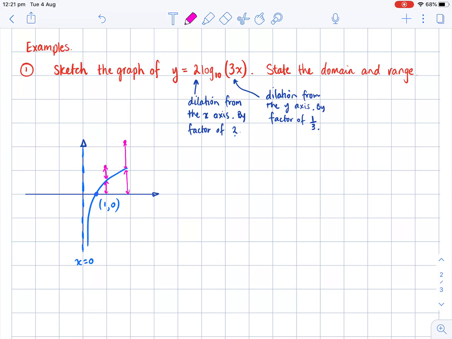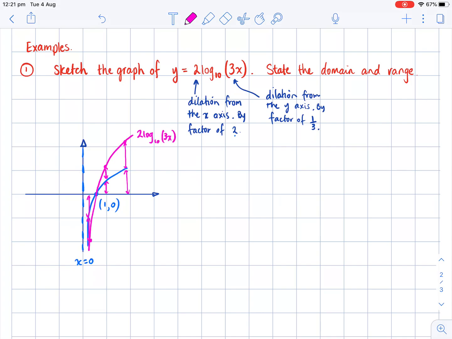The one on the x-axis stays on the x-axis, and the y values, they all get doubled. So that point's going to end up down there, and my new graph gets stretched. So this would be 2 log 10 of 3x.